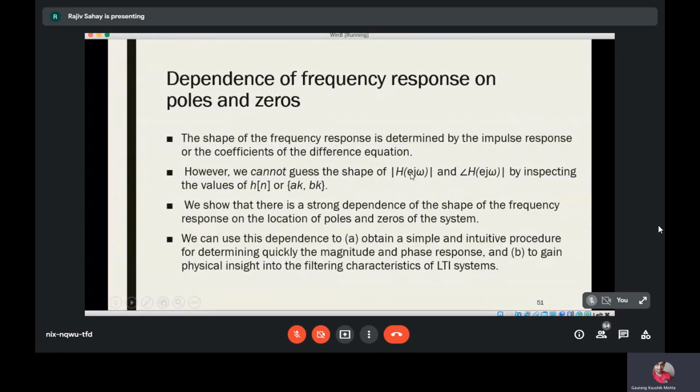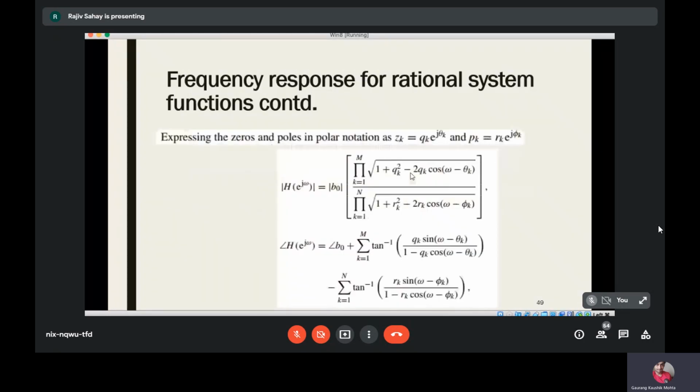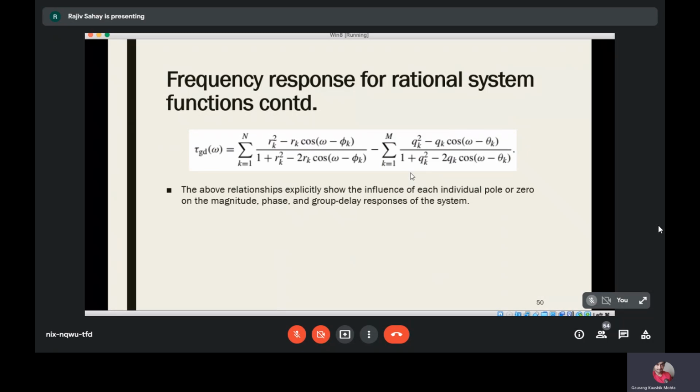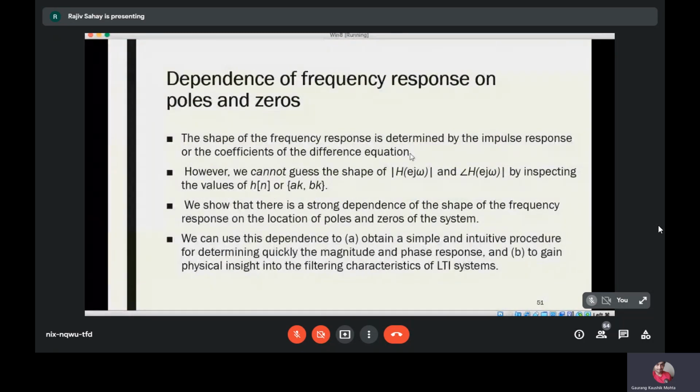We have to write the expression like the previous expressions, then only we can think about what each pole and zero is doing to the magnitude response, the phase response, and the group delay. Just by knowing h[n] or the difference equation, we cannot understand the shape of the phase response and the magnitude response.